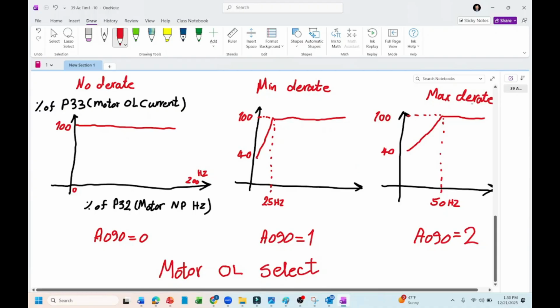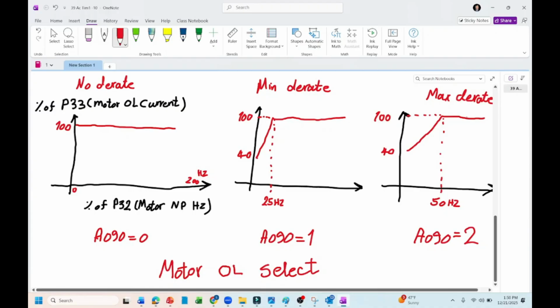Maximum derate is the same thing, but this time it has a sharper slope. In a low frequency, under 50 hertz, you decrease the motor overload current that you gave in P33 by some percentage, depending on the frequency. After 50 hertz, that number is right, and the motor overload current is the number that you see.